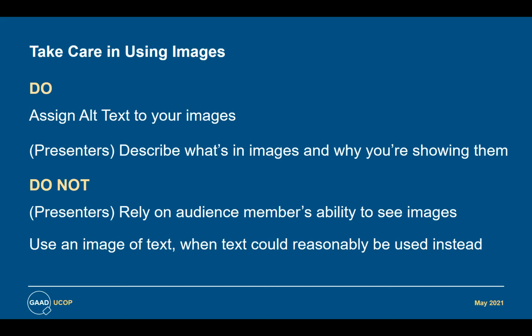Maybe you've got a table that you want to use in a document you're building. Instead of using an image of the table, which at best could just be given alt text, see if you can recreate the table within your document, because then assistive technology users will be able to read the table text, and they're also going to greatly benefit from having the table structure available to them.